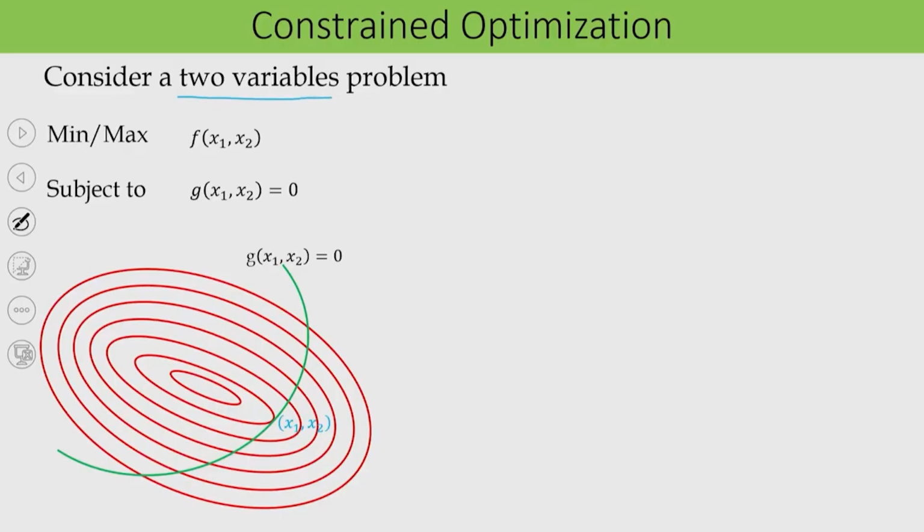The function is f of x1 and x2, subject to g(x1, x2) equal to 0. If I plot it, this is the function f(x), and this is the g equal to 0 line. Now, suppose the solution is somewhere here.